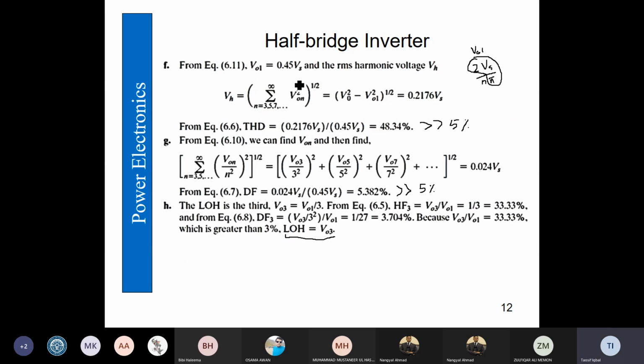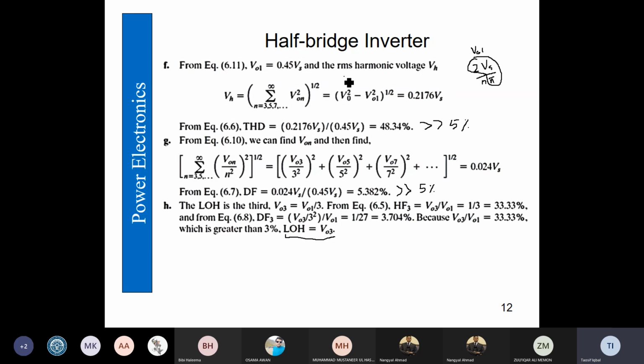Now we can find out the values of harmonic voltages, and then finally find out the total harmonic distortion. So to find out total harmonic voltage, we can just take the difference between the total voltage and VO1, the first fundamental voltage, and that would give us the total harmonic voltage.